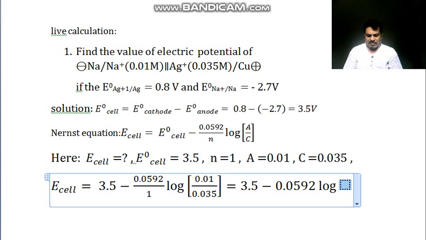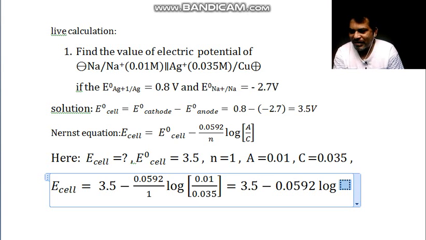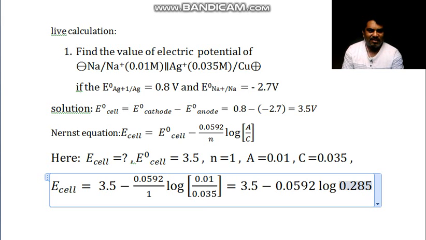I know that you have done it faster than me, because you are very powerful in calculation with the calculator. So the answer is 0.2857, and I will take the value 0.2863.